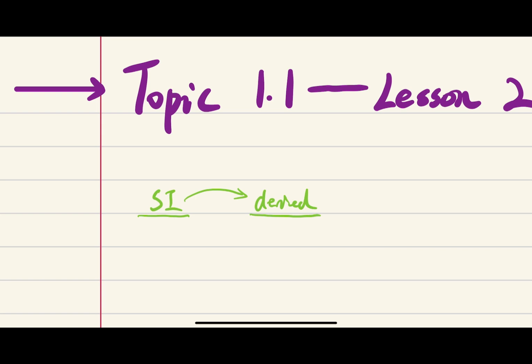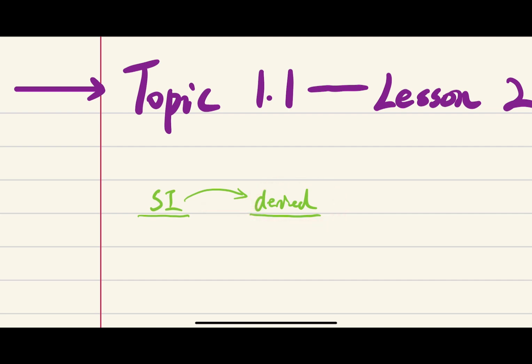So SI units are the foundations or building blocks of our derived units. The combination of those SI units will make up our derived units, and that's what we talked about in lesson 1.